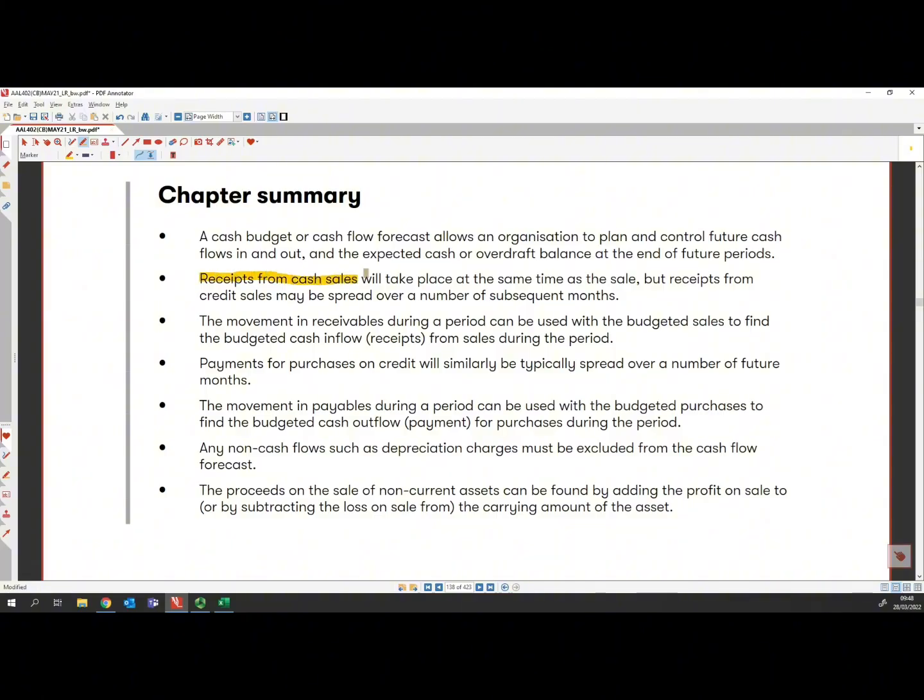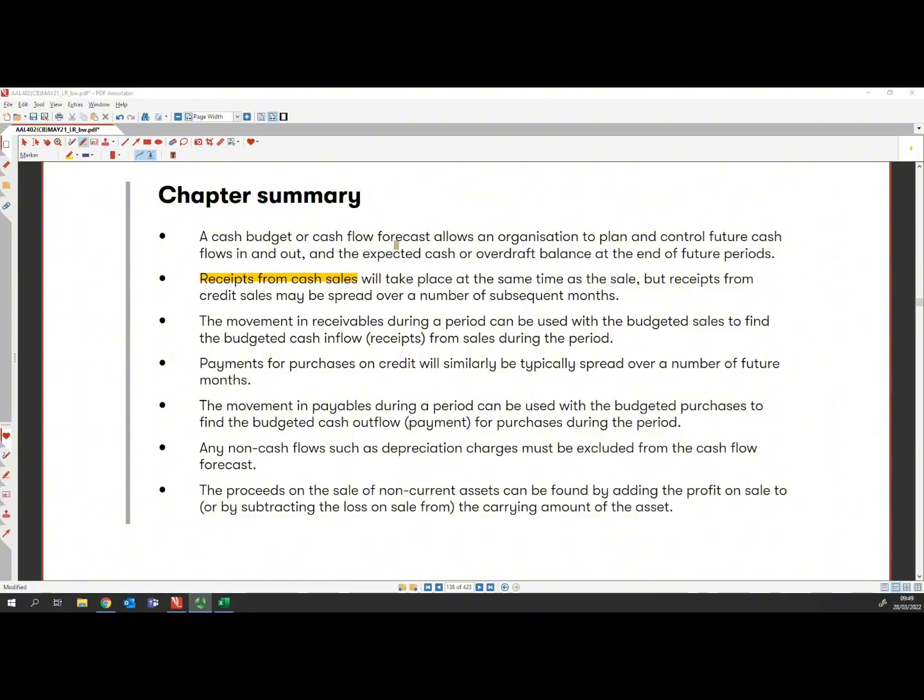Now if you've got a business that makes cash sales, quite clearly the cash receipt will take place at exactly the same time as the sale. But a lot of organizations don't do cash sales. They give their customers a credit period, in which case, when you're forecasting your cash flows, you will assume a receipt from your customer sometime after the sale has taken place.